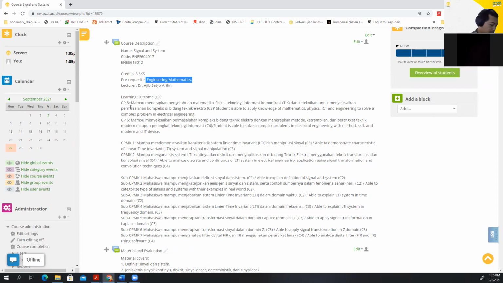The definition of number 8 is the student is able to apply knowledge of mathematics, physics, ICT, and engineering to solve a complex problem in electrical engineering. LO number 6, the student is able to solve a complex problem in electrical engineering with methods, skill, and modern IT device.